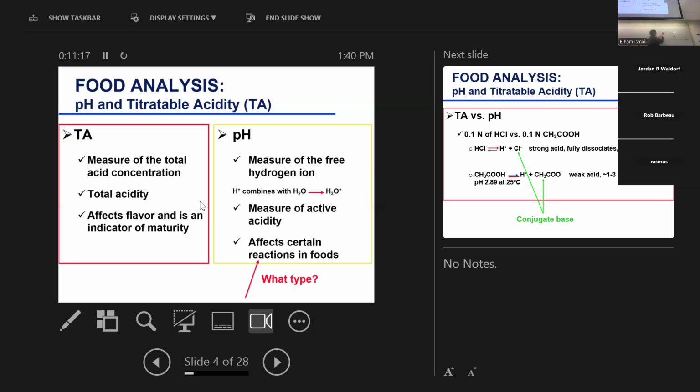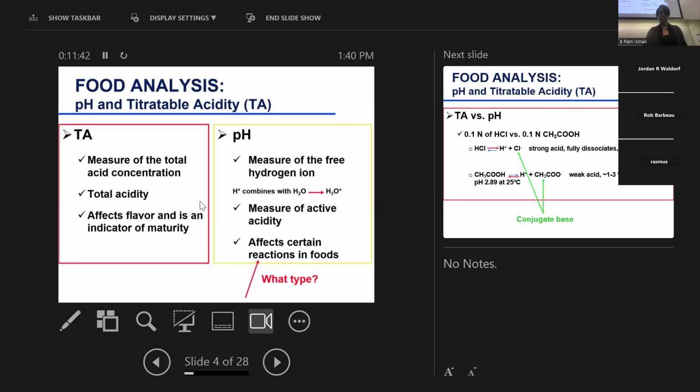When we measure pH, we are measuring the concentration of the hydronium ion. The higher the concentration of hydronium ion, the lower the pH. We'll show you this in a little bit.